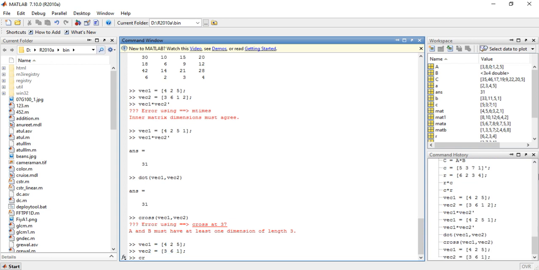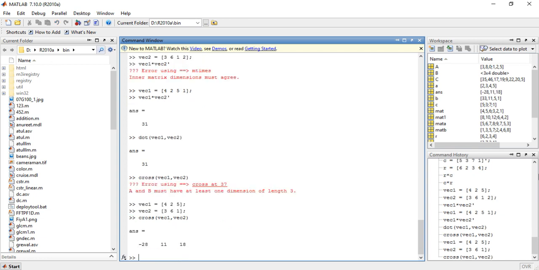Now cross vector 1 comma vector 2. So this will give you the cross product of the vectors.